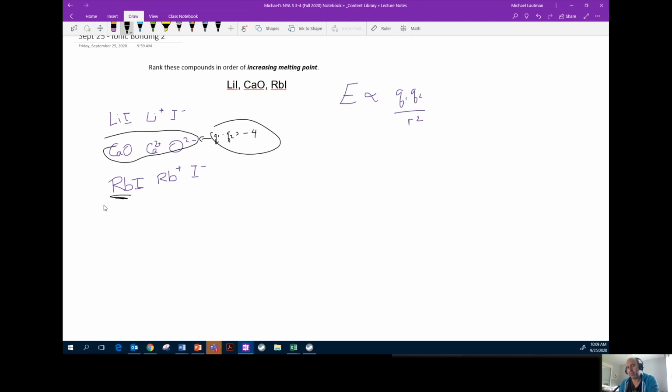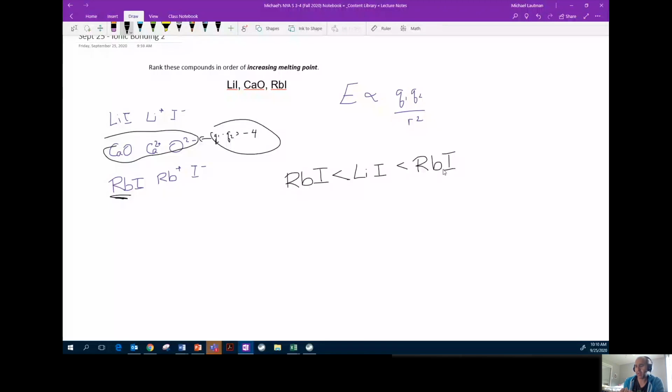It's down at the bottom of that list. So if we had to rank them, I'm going to say rubidium iodide will have the least exothermic lattice energy. It'll have the weakest lattice energy, so it'll have the lowest melting point, followed by lithium iodide, and then calcium oxide.